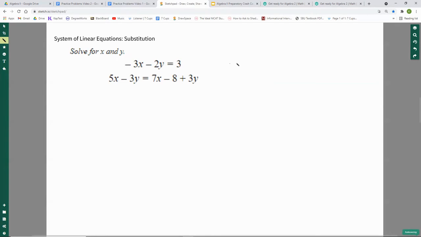Once we get into that form, like x equals 15y or plus 15, essentially what we can do is plug this into our second equation and replace all these x's to get a better understanding of how to solve this system.